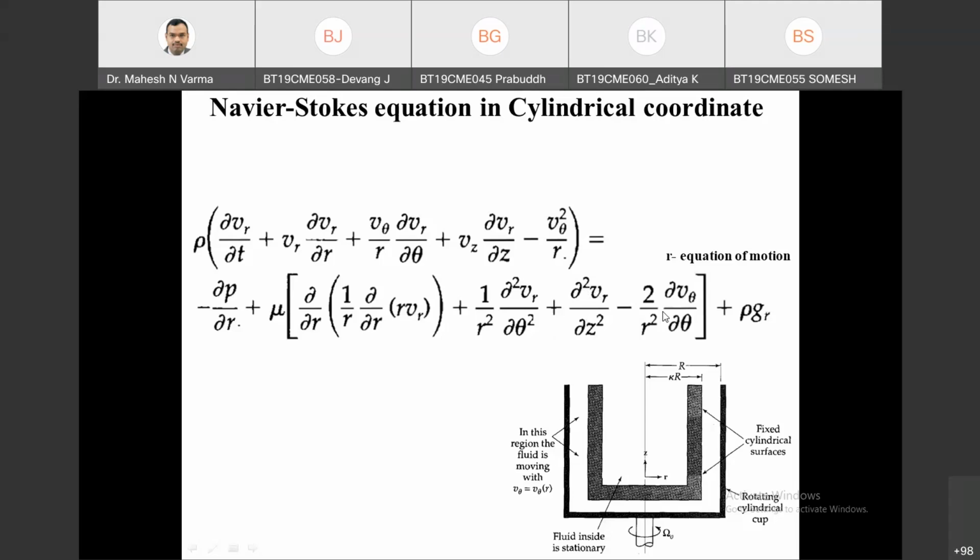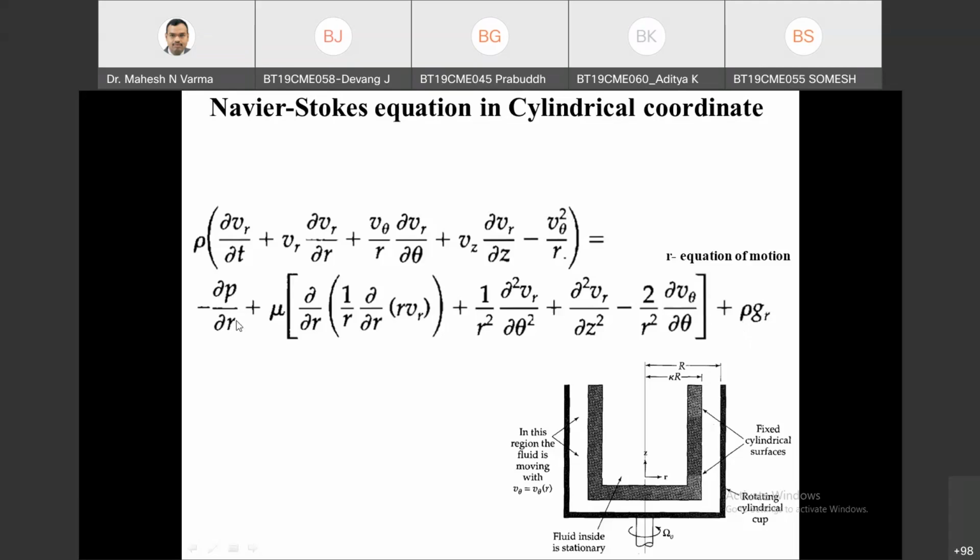And del V theta by del theta will also be equal to 0 because V theta is only changing in the R direction, symmetricity we can say. Why is it not changing in the theta direction? Sir, symmetricity. How about this rho into GR? Sir, GR will be 0. That will also be equal to 0. Only non-zero terms are this and this.